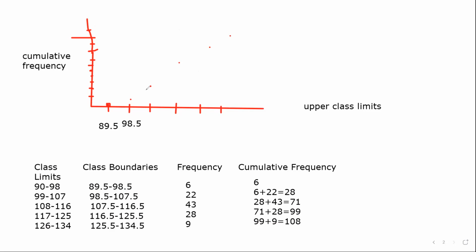And so when I draw my ogive, this is a curve that is smoother than my, something like that. That's going to be what this ogive looks like. And again, you would label all of these. So this is 98.5. This is 107.5.